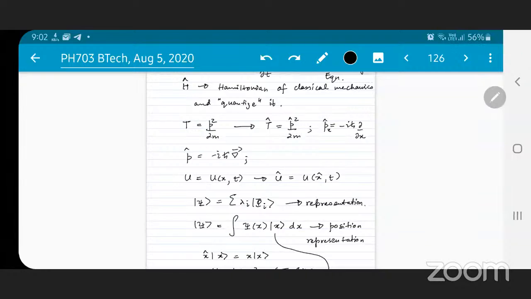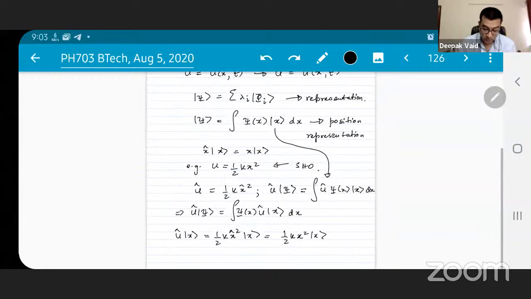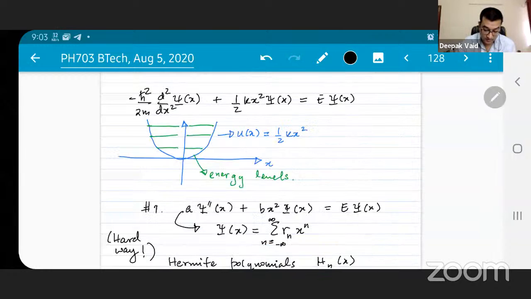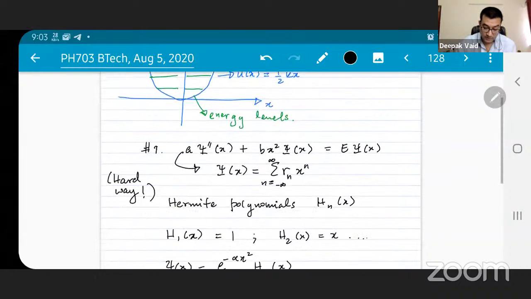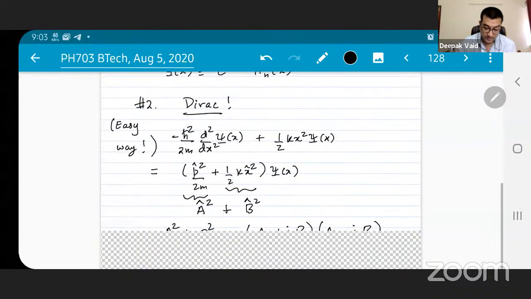So for the harmonic oscillator part, are we referring only to the kinetic energy equation, or are we referring to the equation as a whole? We are looking at the whole equation, no? We are looking at the whole equation, p squared plus 1/2 kx squared.